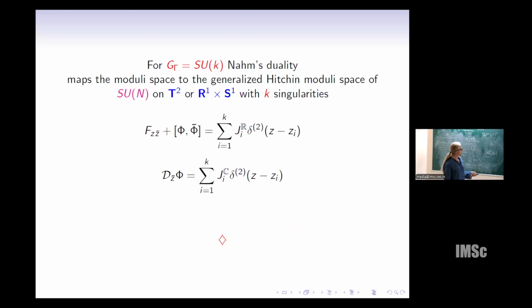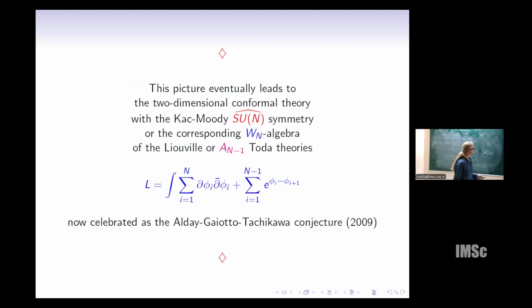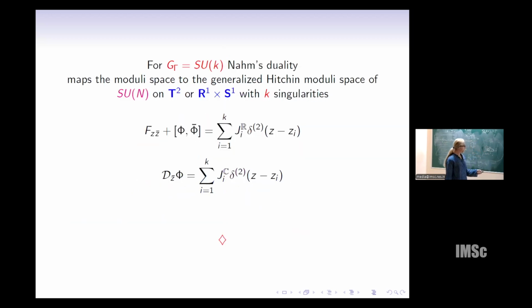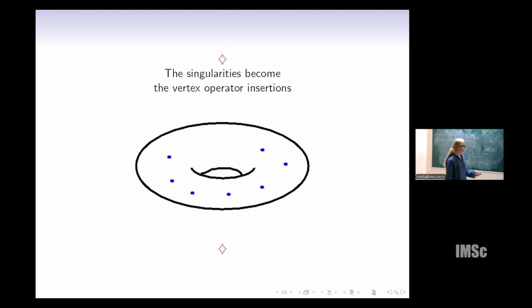So these are the type of equations you will get. And this picture eventually leads to a 2-dimensional CFT with a Kac-Moody symmetry or W algebra, with the singularities of this equation becoming the insertions of vertex operators.